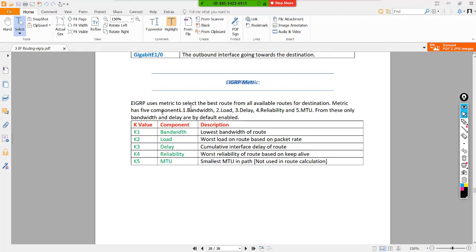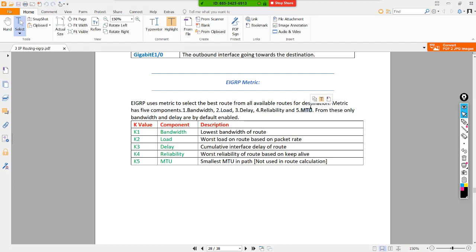Okay, EIGRP metric. EIGRP uses metric to select the best route from all available routes to a destination. These are the 5 components. As per theory these are the components, but as per practical, we are going to ignore reliability, load, and MTU by just taking them as default values.